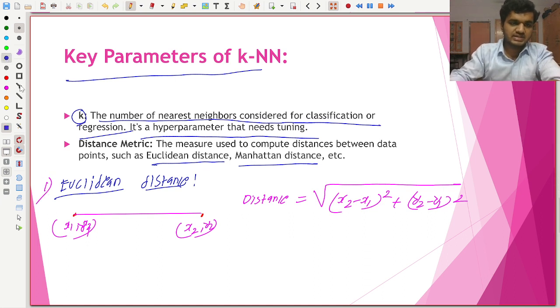Okay. And second distance is Manhattan distance.